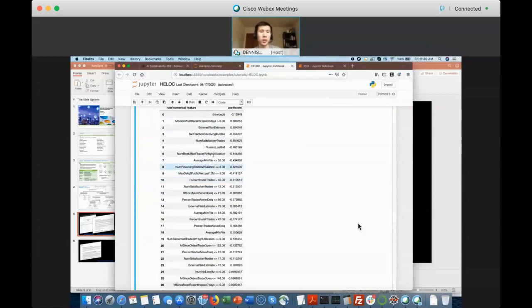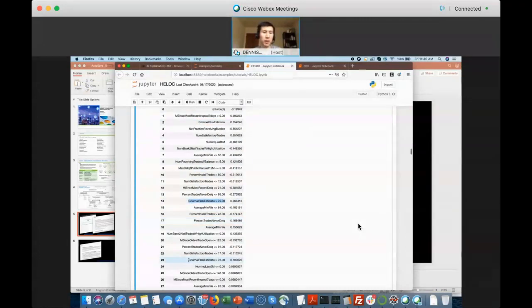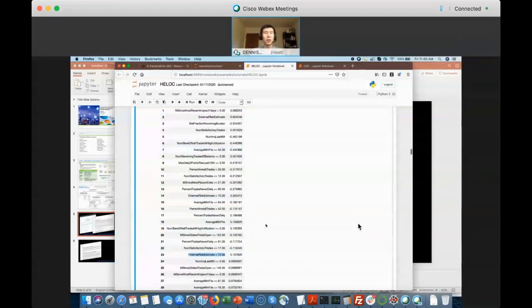For example, if we look at external risk estimate again, it appears in position number 2 in its original numerical form, but it also reappears several times later. Like in number 14, for example, we have a threshold rule on it. It appears again in number 23. So it appears multiple times. And rather than having to stare at this table and try to make sense of this, we can actually plot the results. So that's what I'm going to show you next.